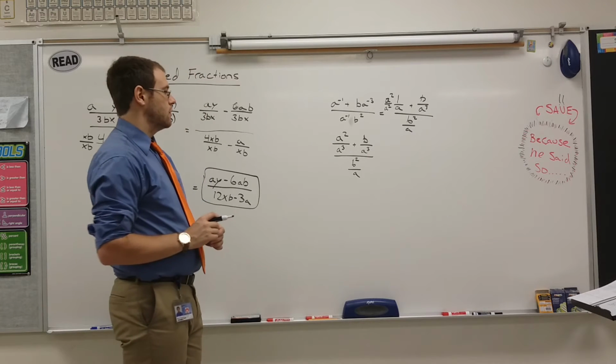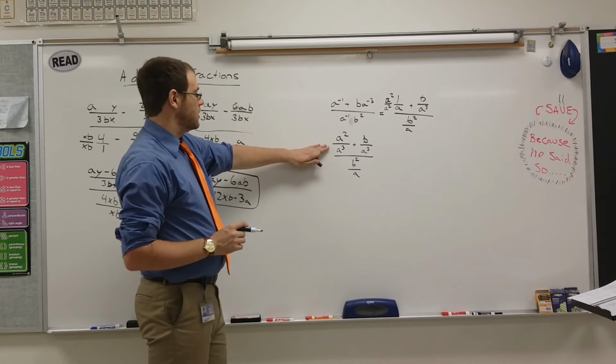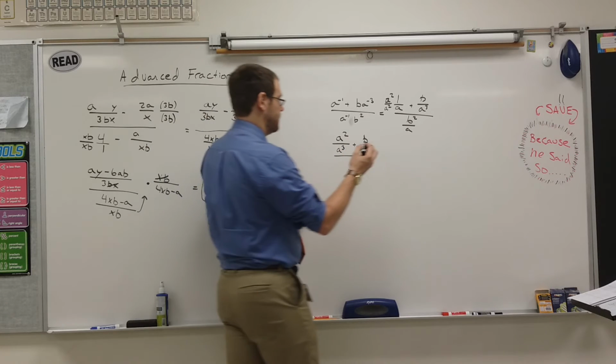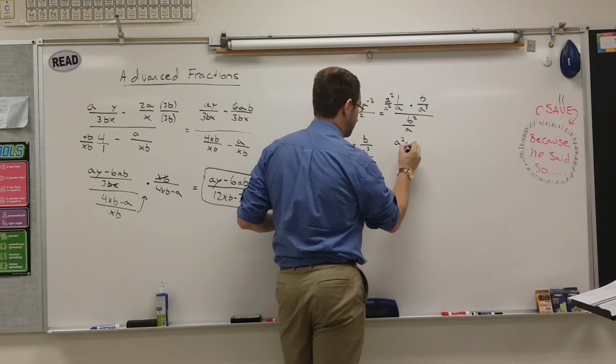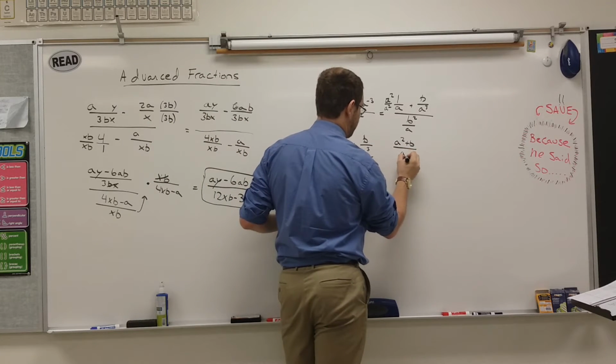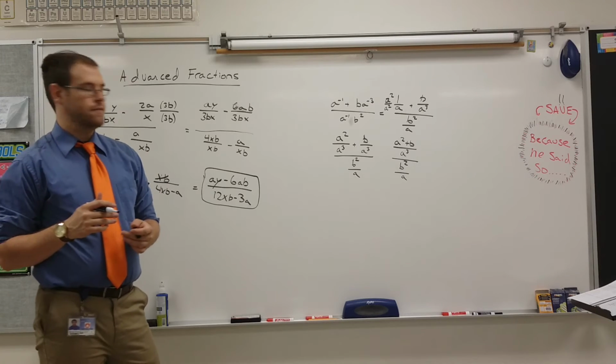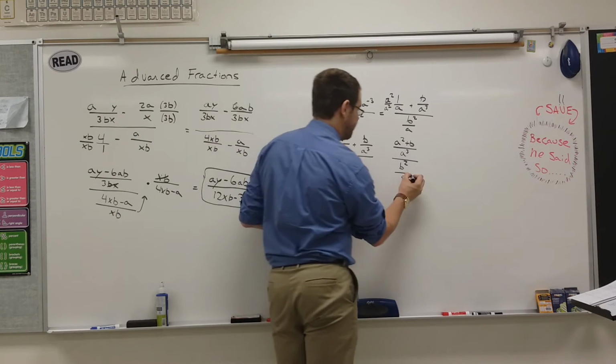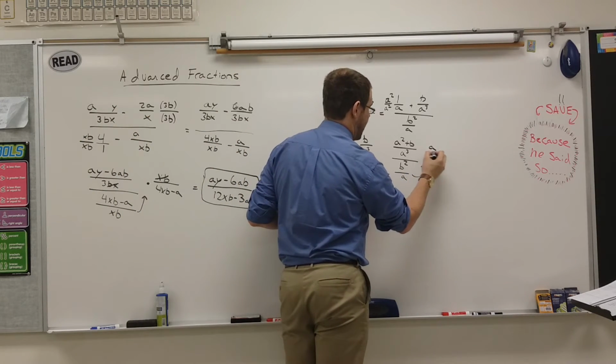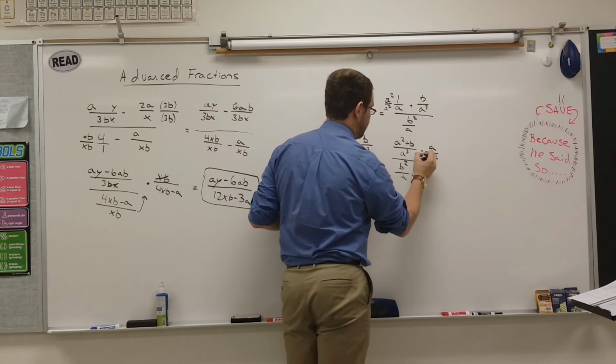Good start, a good place to be in. Now we're going to combine our like terms. We can add them up, and so we'll get a squared plus b over a to the third divided by b squared over a. Now we have a divisible fraction, so I'll flip this one over, get a over b squared.